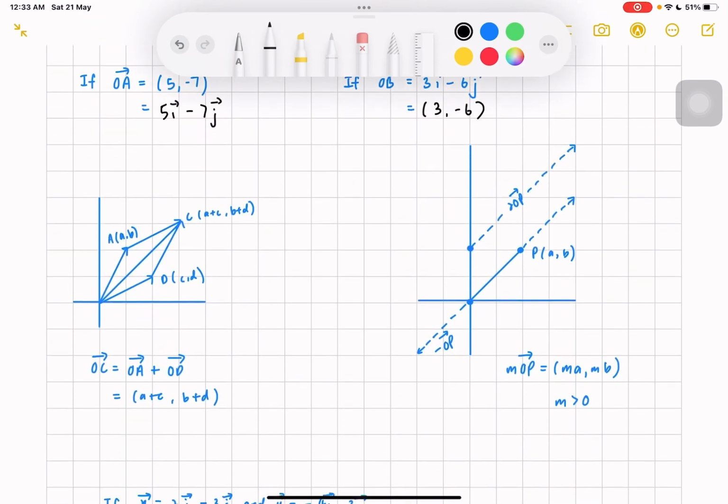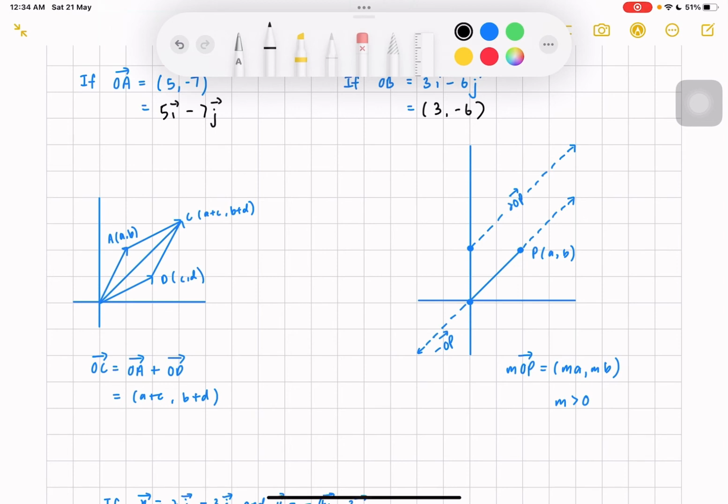Next, when we want to talk about adding position vectors, if we want to find vector OC, all we have to do is add vector OA and vector OB. So we just have to add the x coordinates together and the y coordinates together. Very simple.